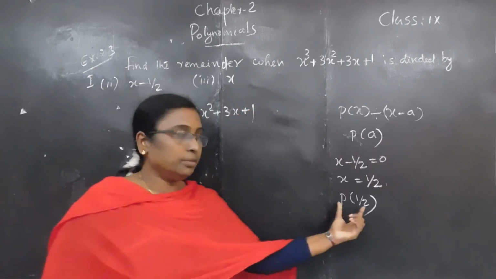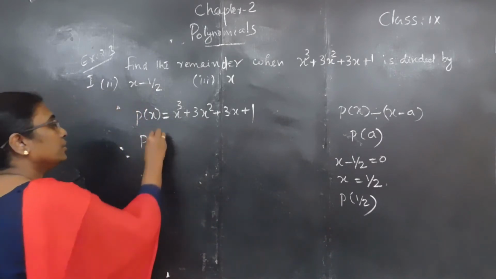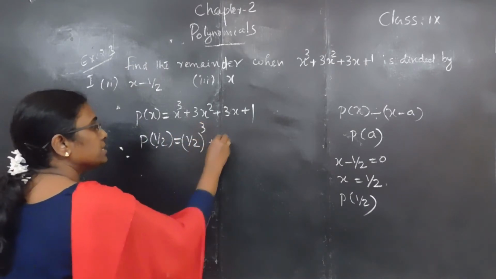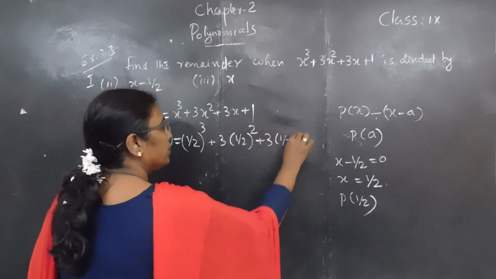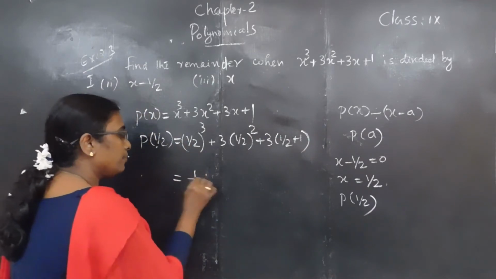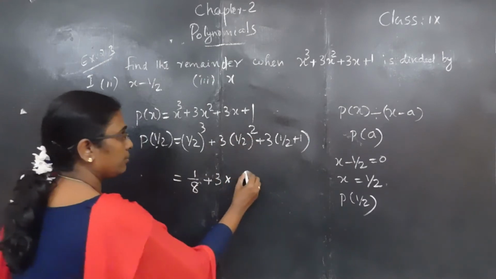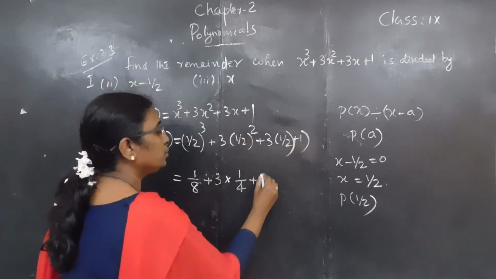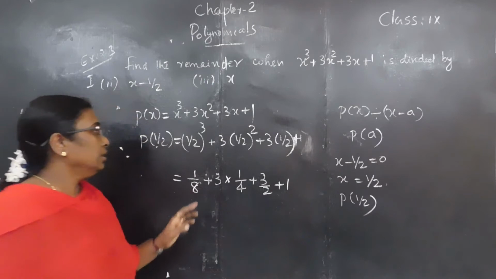We have to find p of half, since p of half is the remainder. p of half equal to 1 by 2 the whole cube plus 3 into 1 by 2 the whole square plus 3 into 1 by 2 plus 1. 1 by 2 the whole cube is 1 by 8, plus 3 into 1 by 2 the whole square is 1 by 4, plus 3 into 1 by 2, 3 by 2, plus 1. Okay, clear?